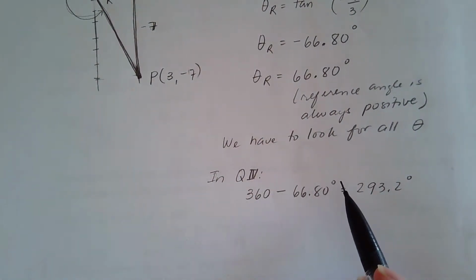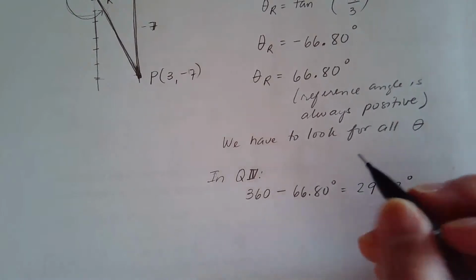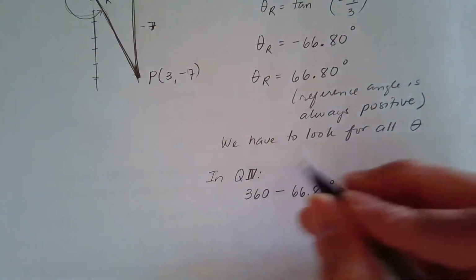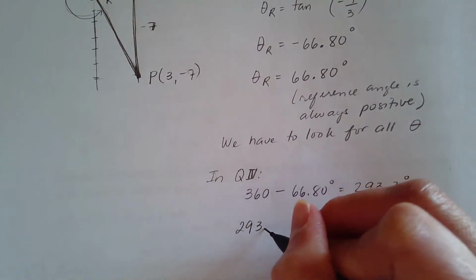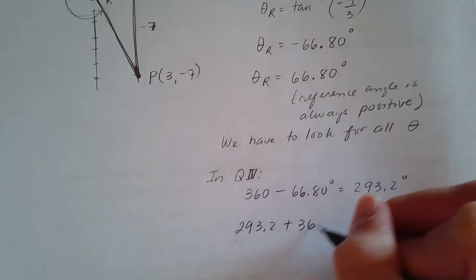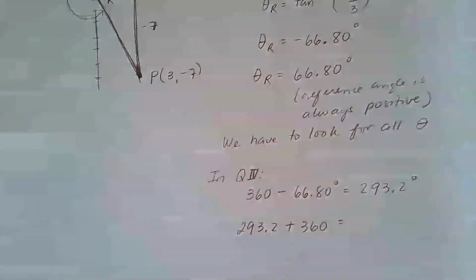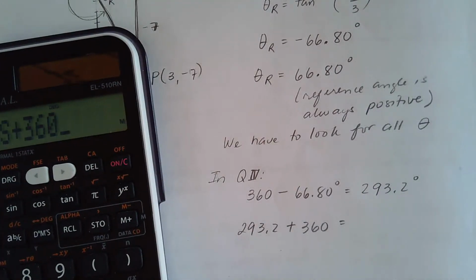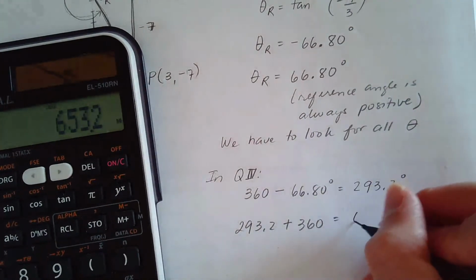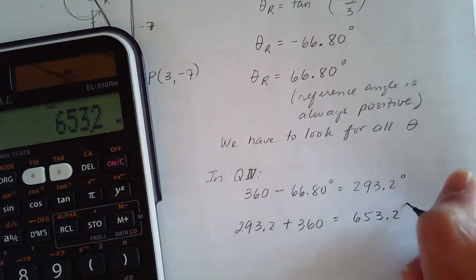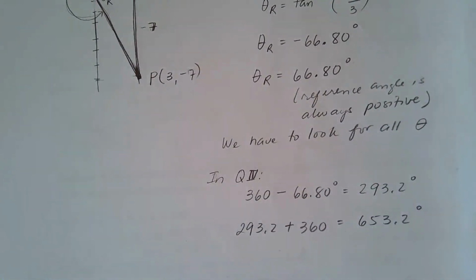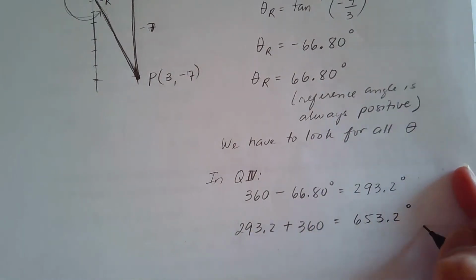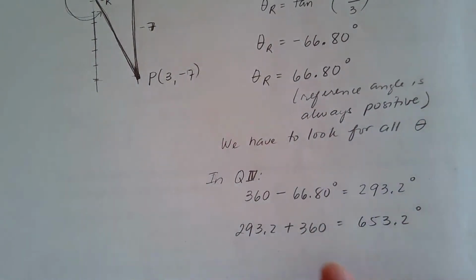So one turnaround, 2 turnarounds would be 293.2 plus another 360 degrees. It's going to give us 653.2 degrees. So those are within 0 to 720 degrees.